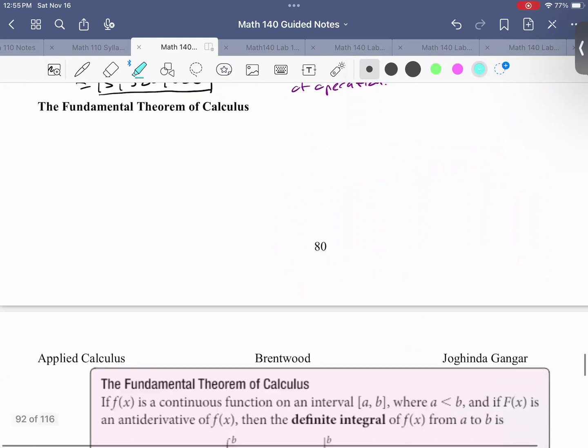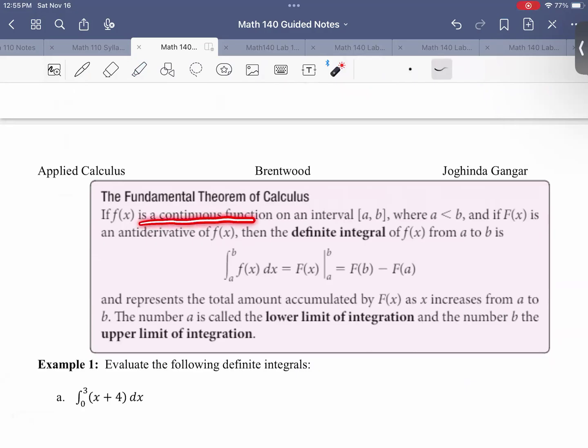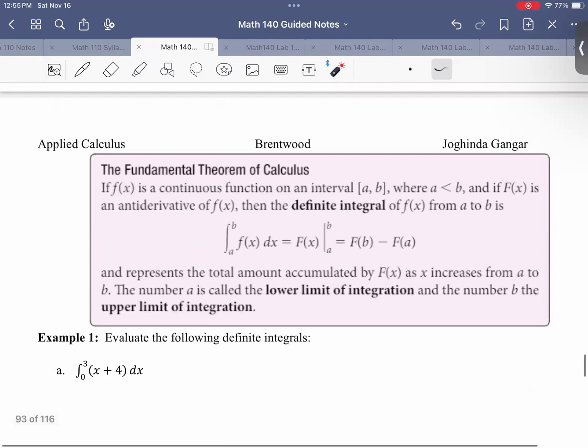Moving on to the next page, the fundamental theorem of calculus says that if f of x is a continuous function on an interval a to b, where a is less than b, and if capital F of x is the antiderivative of f of x, then the definite integral of f of x from a to b is what this states here.